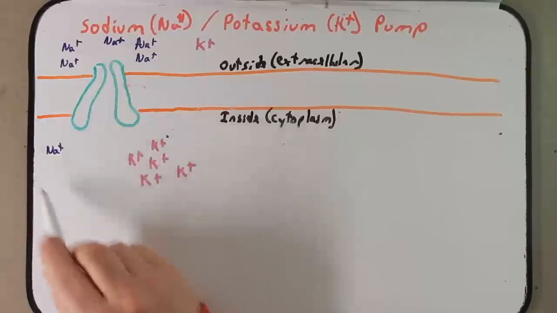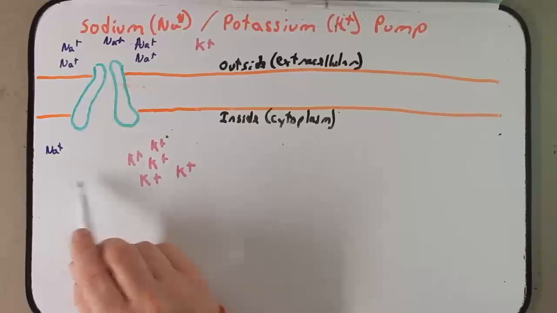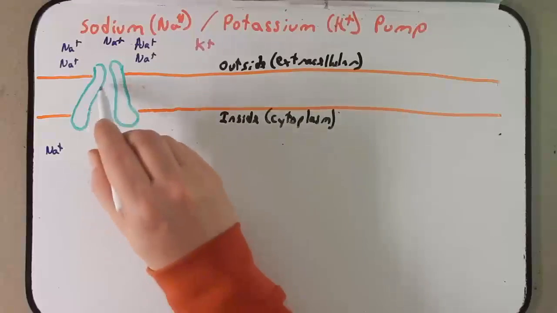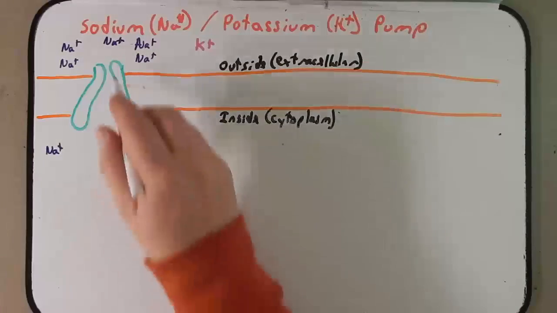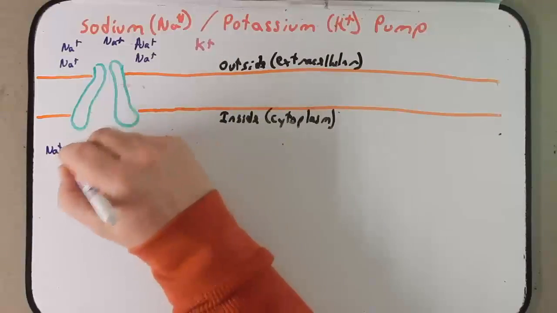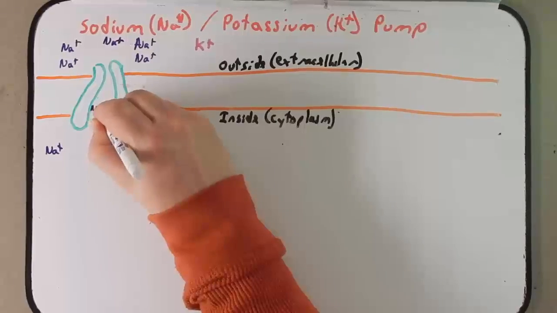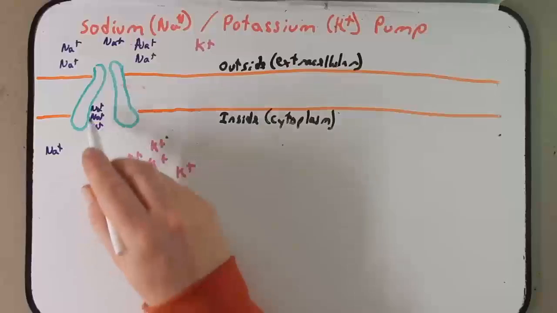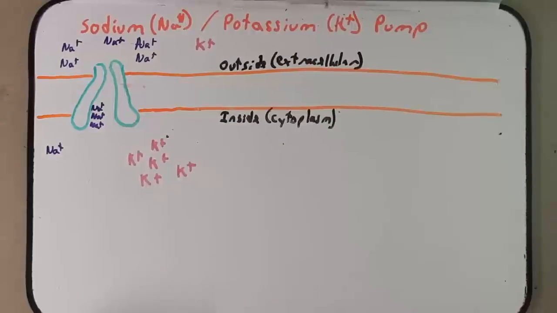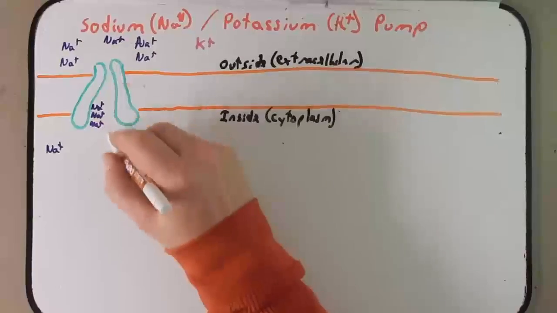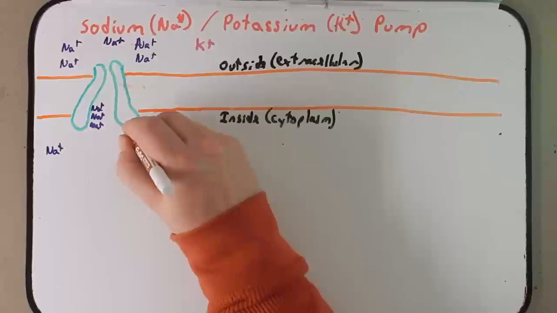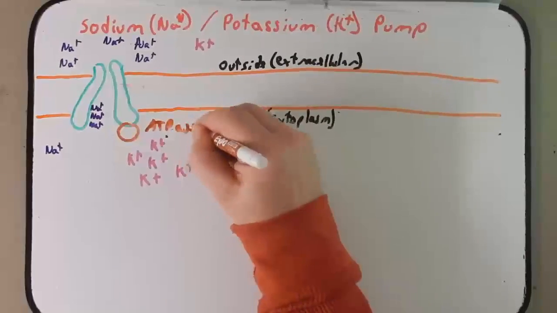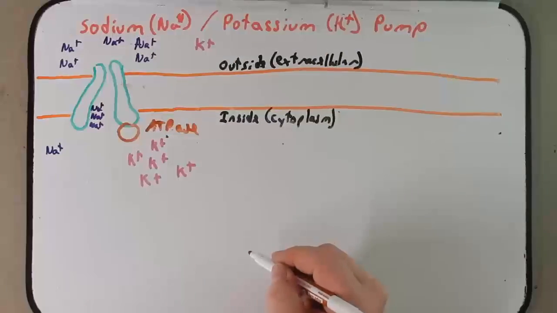Now, even though there's fewer sodium ions on the inside of this cell, there's even fewer residing inside of this carrier protein. So these sodium ions will move into this area here, 3 of them to be precise, will bind to these carrier proteins. In doing so, these sodium ions activate an ATPase that's part of the sodium-potassium channel.